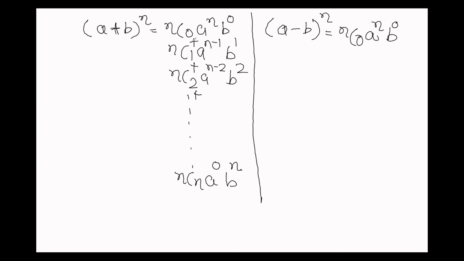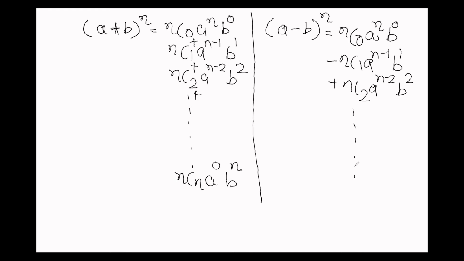Now, instead of plus, I will take the minus sign. The next term will become NC1 a power n minus 1 b power 1. Next term will become plus NC2 a power n minus 2 b square, and this will continue till the last term.